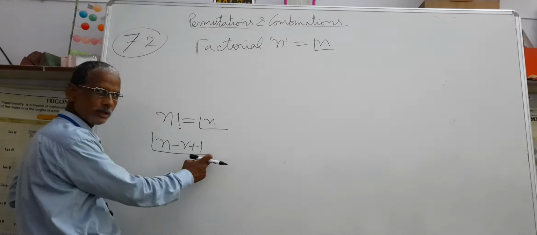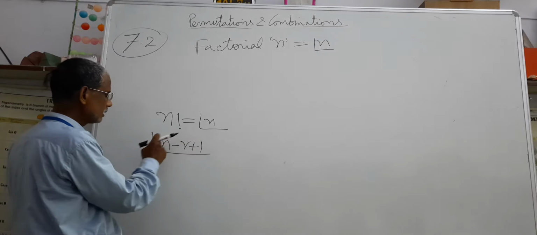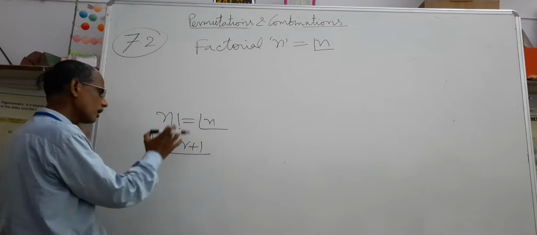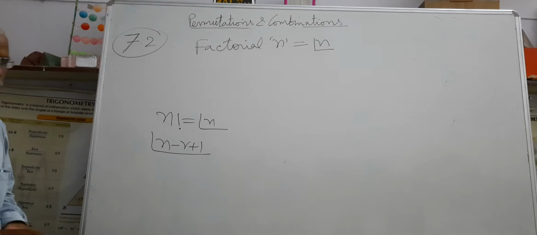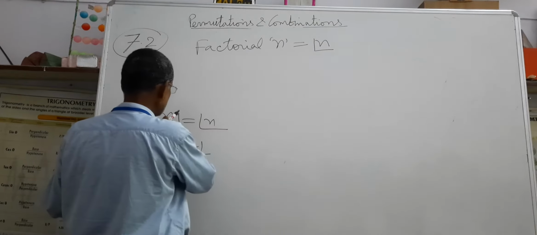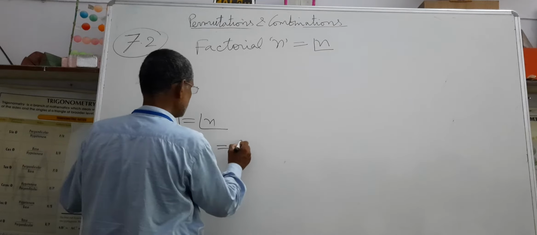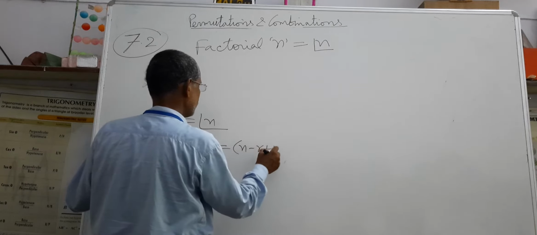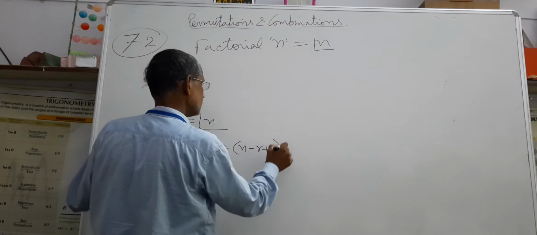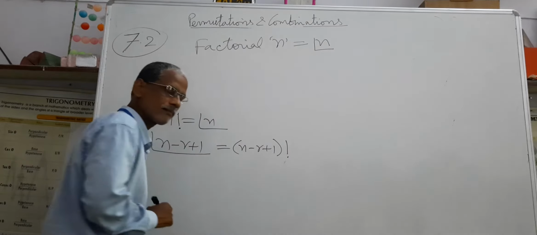The line extends up to here. It indicates that n minus r plus 1 are all in the factorial symbol. In this symbol, this can be written as n minus r plus 1 exclamation mark.